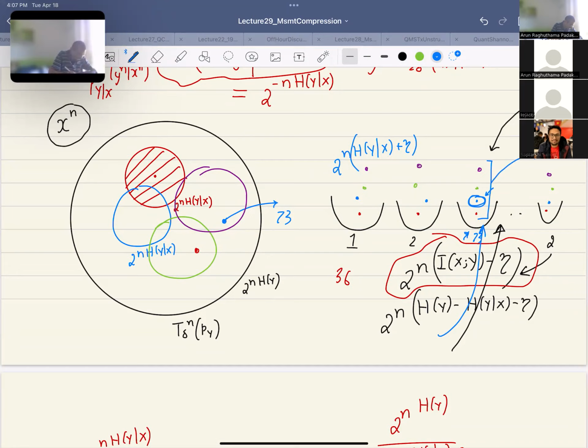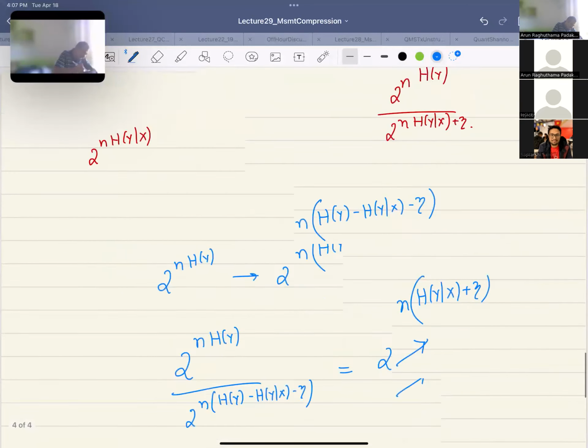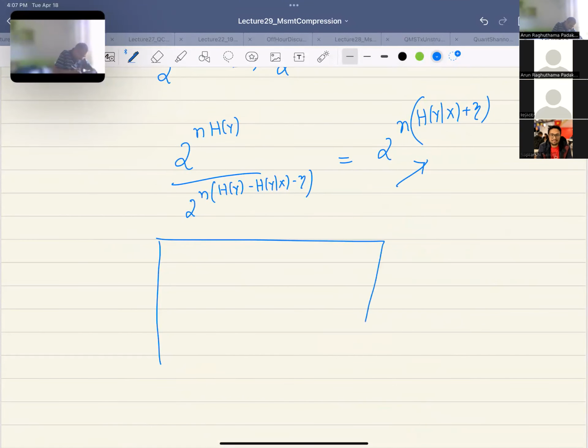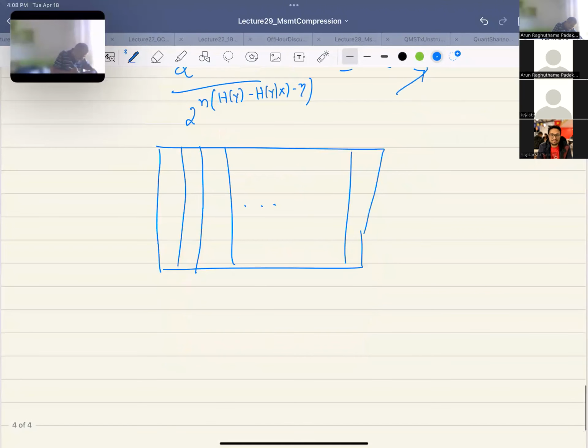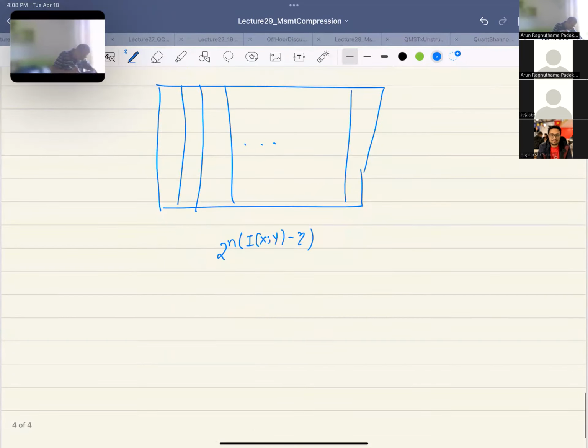Okay, so I'll repeat the procedure. What has happened? You have partitioned your entire yn space into bins; my columns are the bins. So there are 2 power n I of x colon y minus eta number of columns. Each column is a bin. And there is some random thing from nature that will give out a bin index. Alice observes xn.